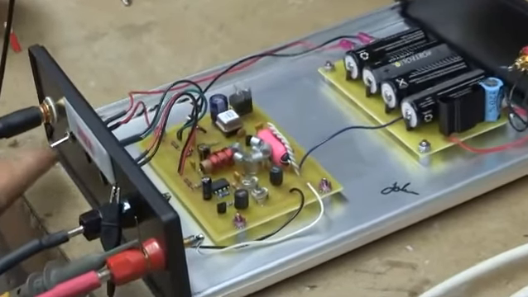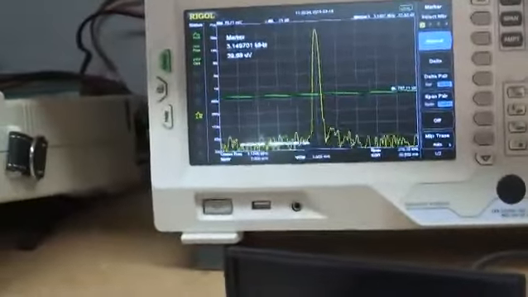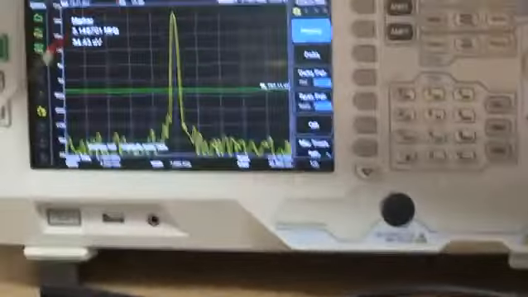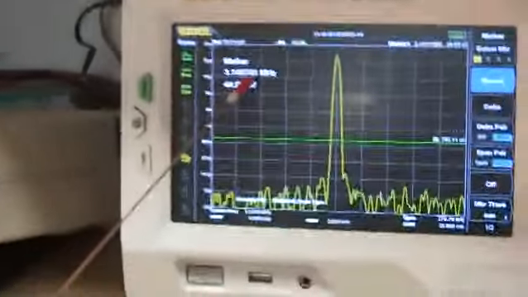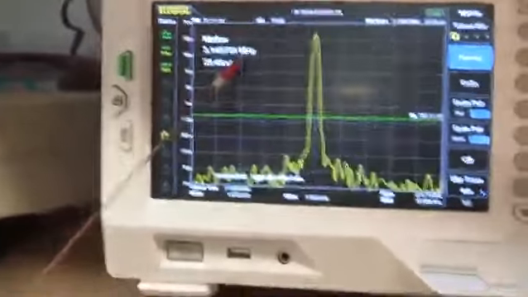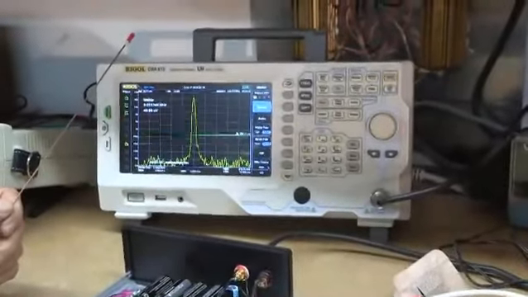So if I turn this on, right away you can see this appear. That's your fundamental frequency. Now, if you look at this, we know that this is the cancer frequency because we've determined that by the other chart. So now if we hit the marker, well, let's auto it and hit the marker.